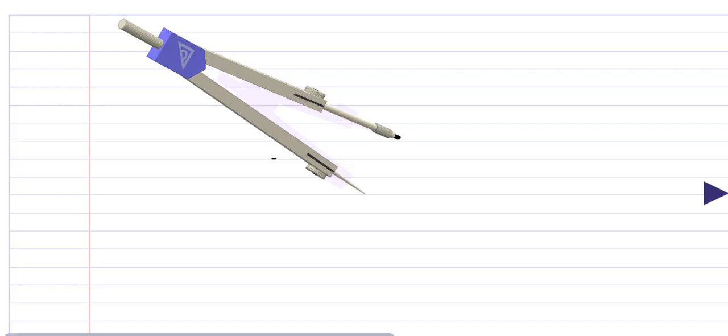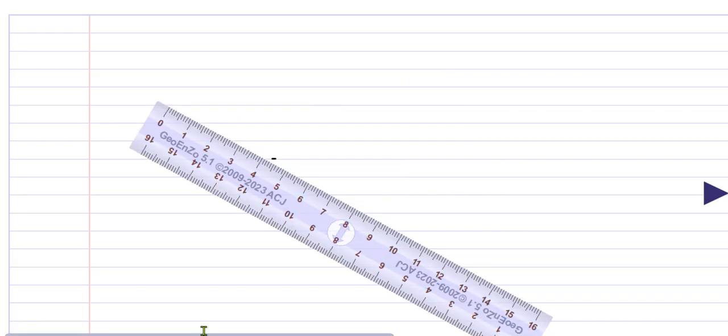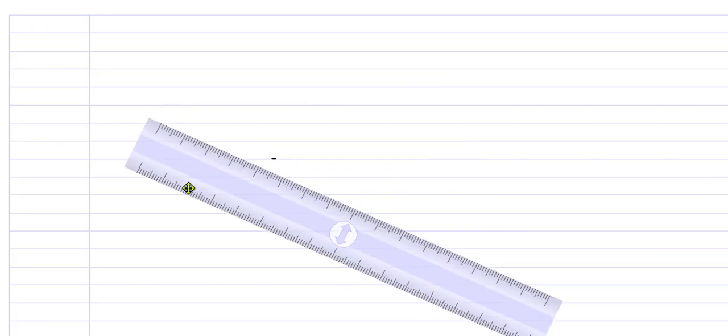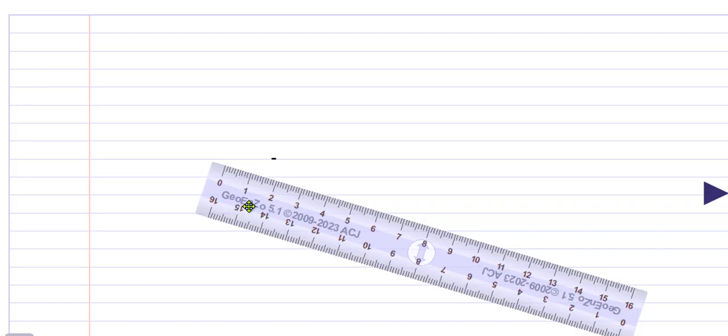Step number 1, draw a line segment equal to the length of one of the diagonals, say 5 centimeters in this case. Length of one of the diagonals is 5. So let us first place the scale and prefer making it in the middle of the page.